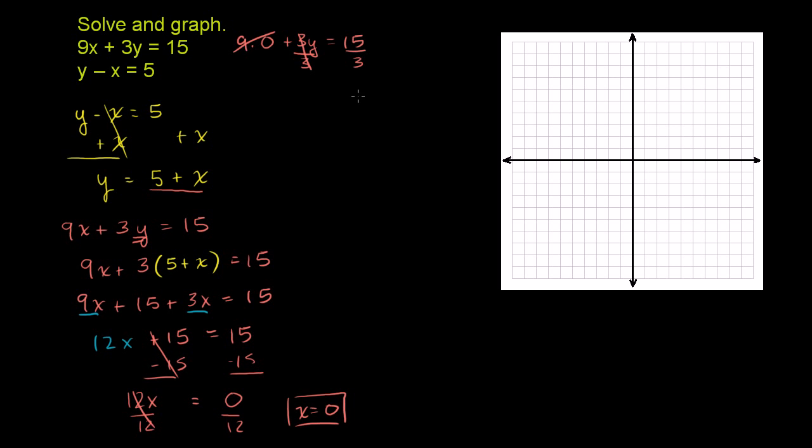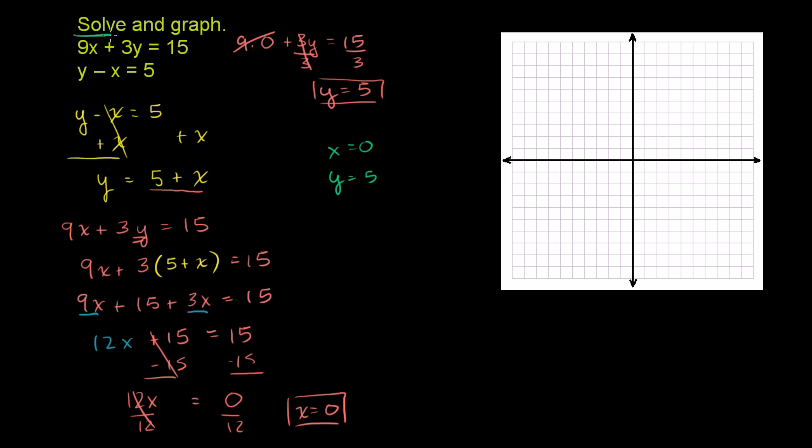You get y is equal to 15 over 3, or 5. Y is equal to 5. And we can test that that also satisfies this equation. Y, 5 minus 0, is also equal to 5. So the value x is equal to 0, y is equal to 5, satisfies both of these equations.